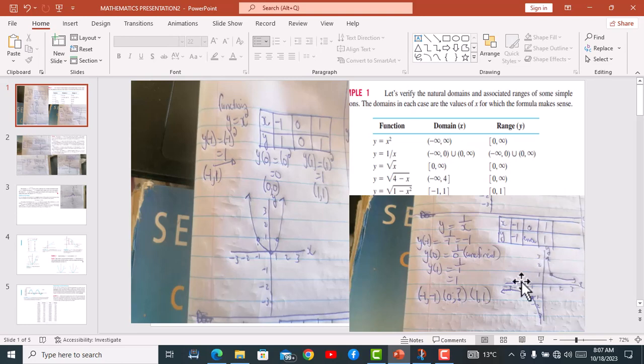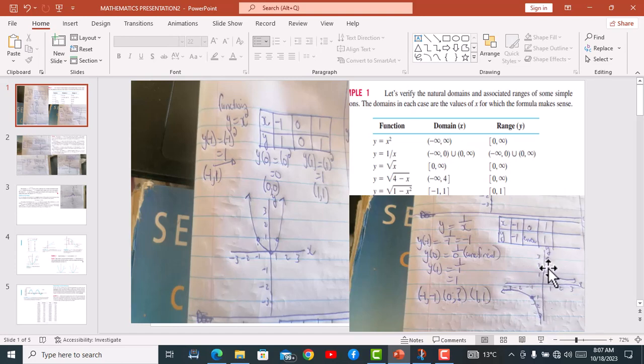And then, one thing I need you to know is that this represents a hyperbola. It's a hyperbolic graph, and when the value of a, which is the numerator, is positive, it will be in the first quadrant and also in the third quadrant.